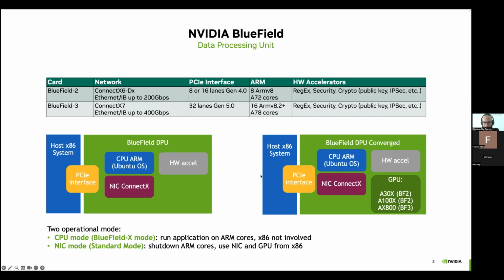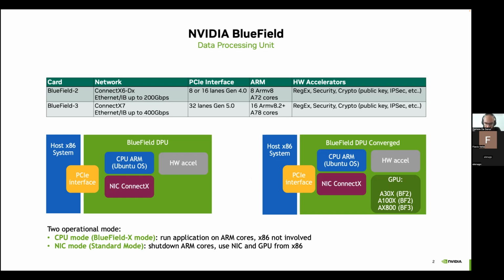If you're running your application on your host system, you can build your DOCA CUDA application, referring to the GPU on the DPU just through the PCIe address of this GPU. And you don't have to worry about anything, basically.